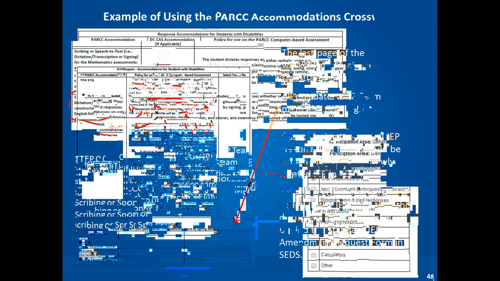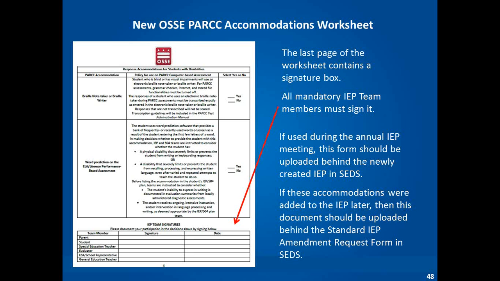There is one thing of note here, which is that there needs to be signatures. The signatures, and dates of the signatures, are from all mandatory members of the IEP team. So you're using this as part of the annual IEP team meeting, and so everybody just needs to sign off that they're okay with selecting some of these extra accommodations by signing it and dating it and uploading it behind the IEP document.